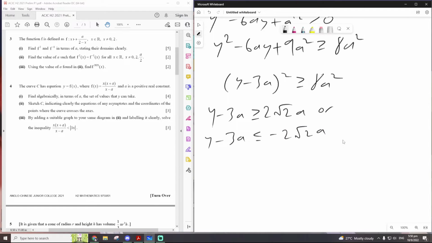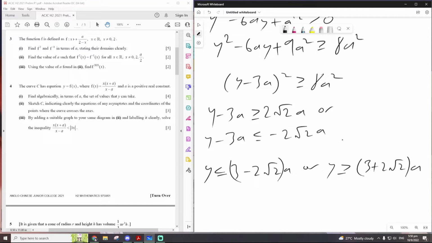And of course you can go ahead to solve the inequalities. So y will either be less than or equal to 3 minus 2 root 2 a, or y will be greater than or equal to 3 plus 2 root 2 a. There you go. Okay.